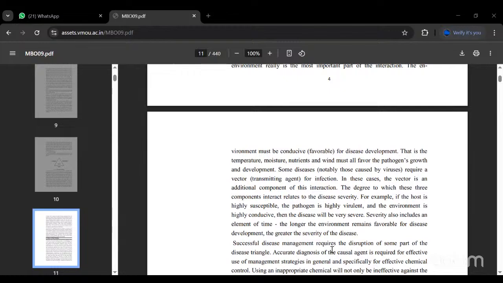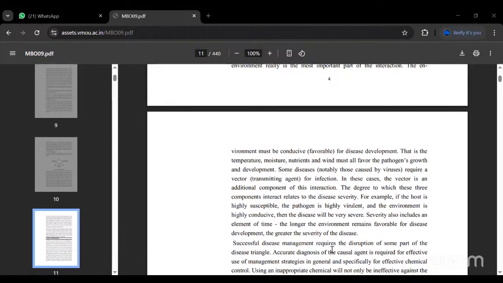What are the environmental factors? Temperature, moisture, nutrients, and wind must favor the pathogen's growth and development. Most of these are climate conditions that favor the growth of the pathogen. Some diseases, notably those caused by viruses, require a vector.